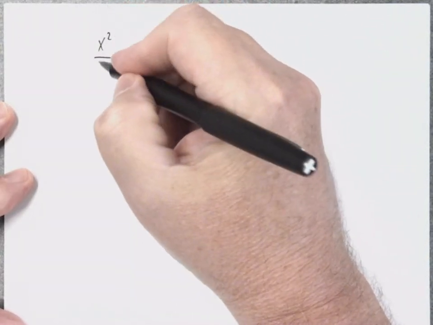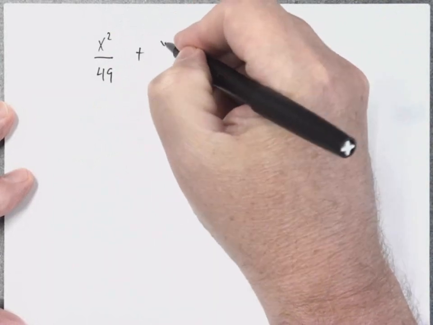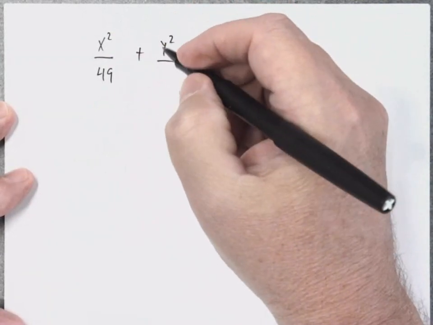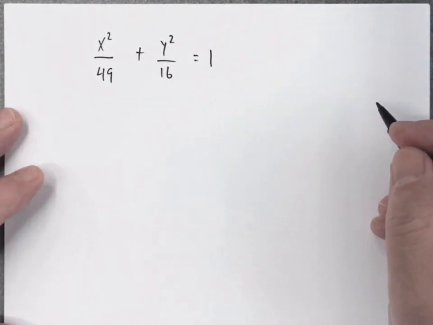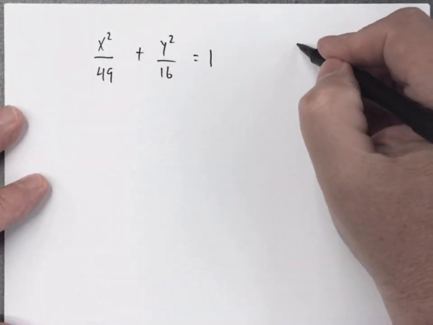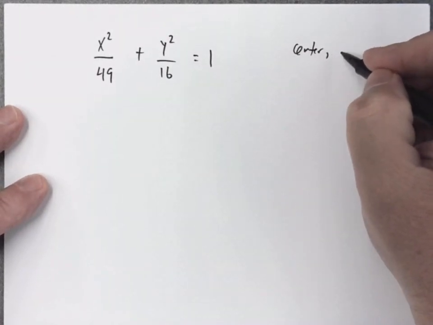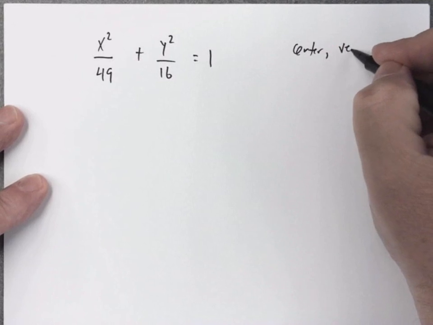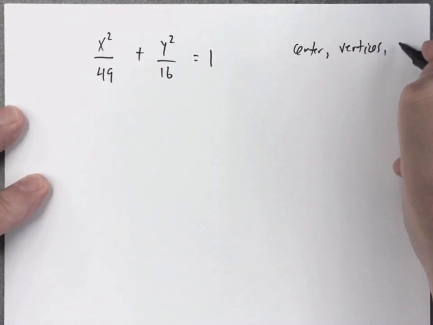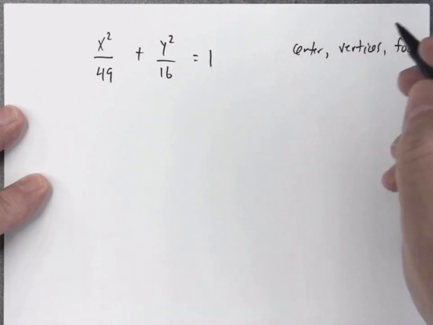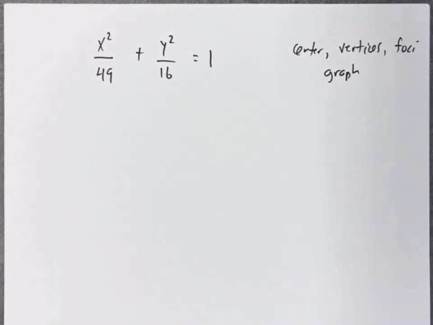So it's x squared over 49 plus y squared over 16 equals 1. We're asked to find the center, the vertices, and the foci, and then to make a sketch of the graph.